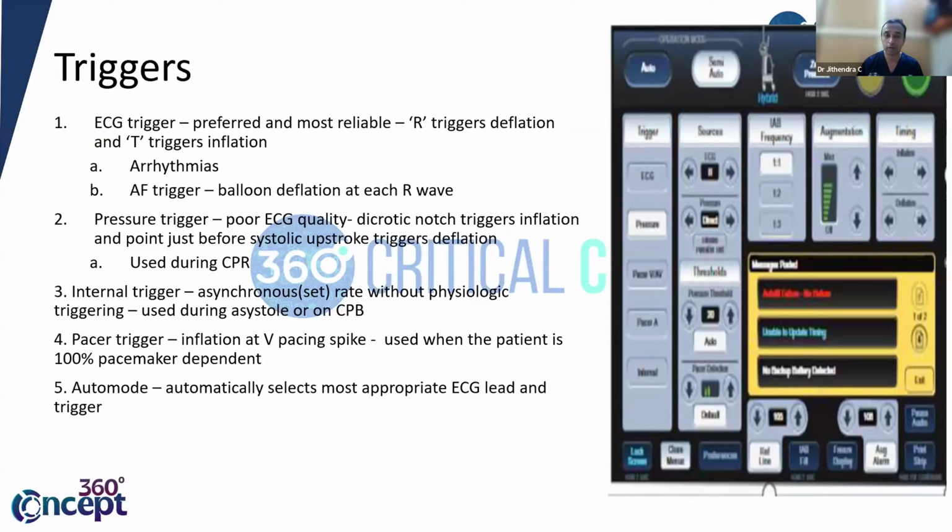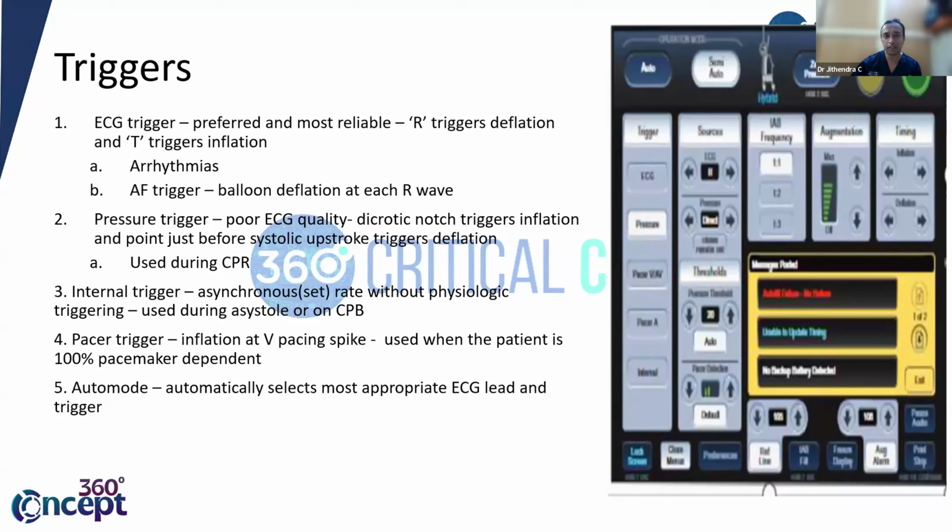So if there are any arrhythmias, what to do? There are some newer consoles which will go ahead even with arrhythmias. Even if there are significant arrhythmias, it can continue. If the patient develops AF, irregular, what to do? No need to worry. Some newer consoles have an AF trigger also. So if the patient was in sinus tachycardia or sinus rhythm till now and suddenly develops AF or some tachyarrhythmia, no need to panic about it.